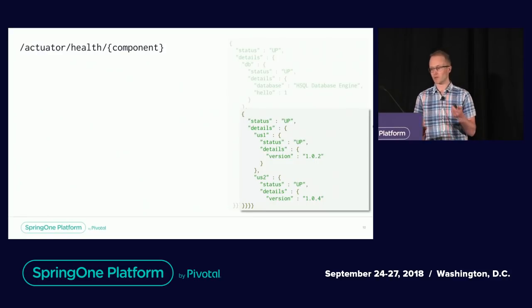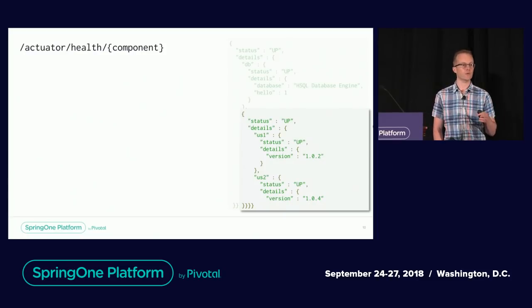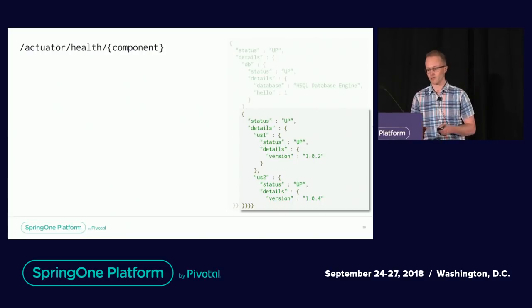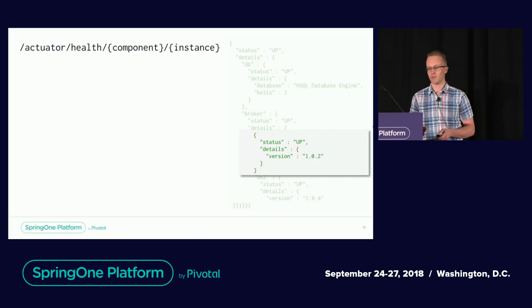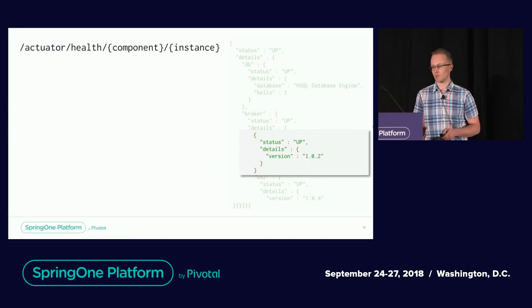We can see the brokers are up, and we still get the details. The same rules apply in terms of whether or not those details are visible; it's done with the same overall configuration. And you can even drill down further. In this case, there were multiple broker instances that we were talking to, so you can focus right down onto the health of a particular aspect of your application, should you wish to do so.